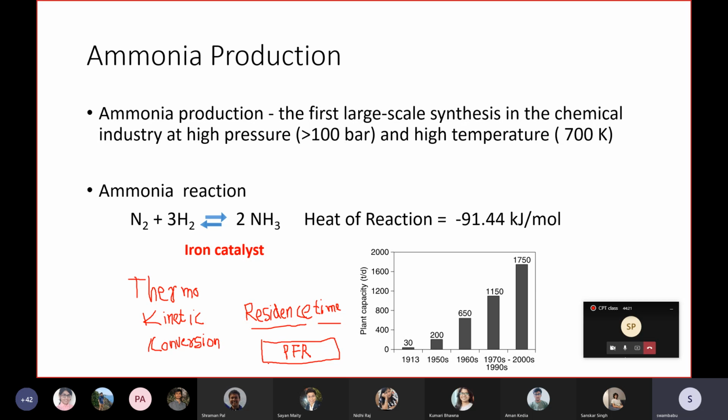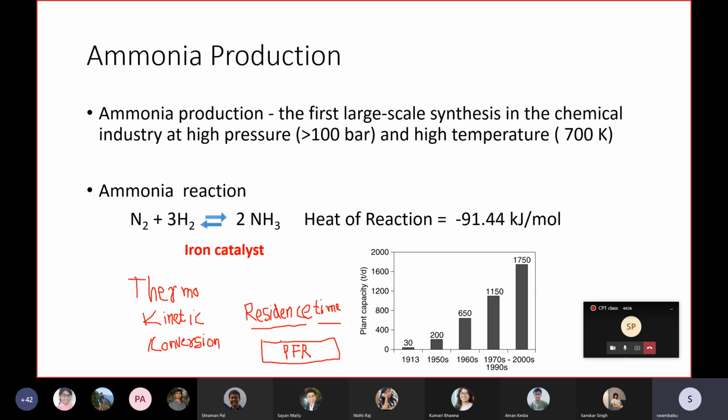Let's say I'm a slow eater. Do I need to spend more time before the plate or not? If I'm a fast eater, I don't need to spend more time near the plate. Similar logic. If the speed of reaction is low, the reactant needs to spend more time in the reactor for the reaction to happen. That means high residence time.